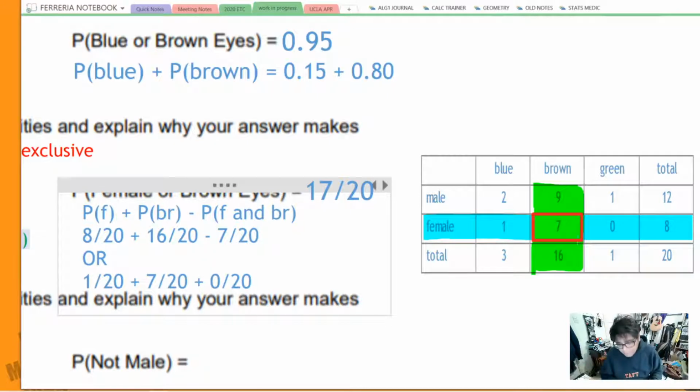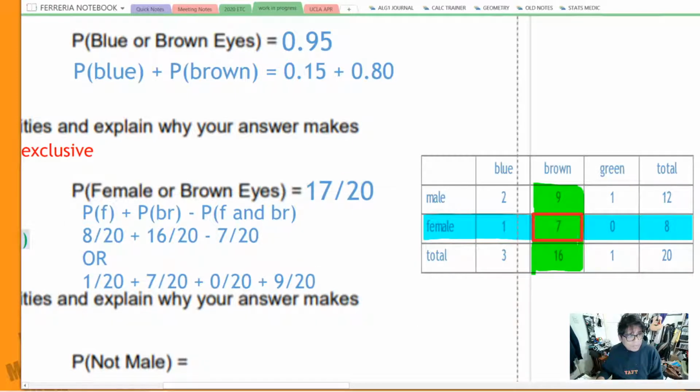We don't actually have to put that there if we don't want to. Plus 9 brown-eyed males. Because everybody who I've added together either had brown eyes or they were female. So if we add up all of those, and notice how it makes this nice cross over here, that's going to equal the same thing, 17 out of 20.